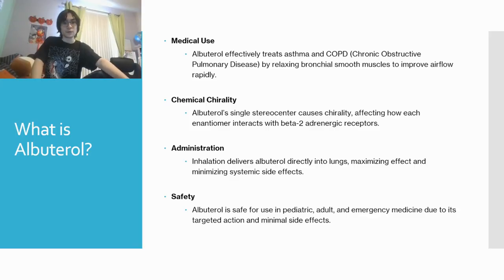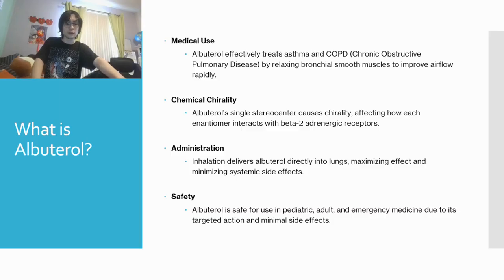So what is albuterol? It is basically a medication that is used for asthma and COPD to help the lungs open up. It works by relaxing the bronchial smooth muscle, and it helps restore airflow during bronchoconstriction.